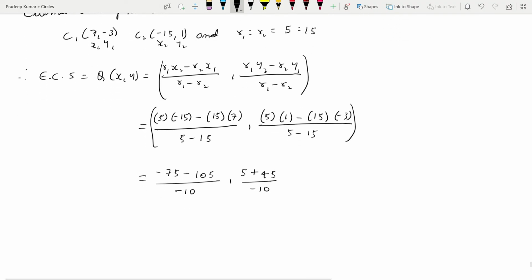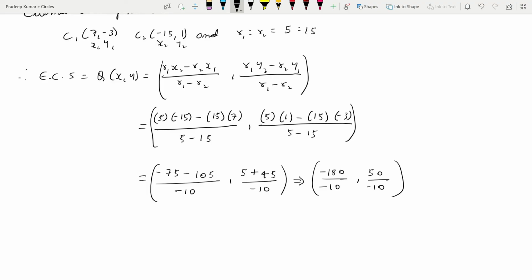So let's write this further. I can write this as minus 75 and minus 105, will be getting that as minus 180 by minus 10, and the other point is 5 plus 45, which is 50 by 10. So the 0s can be cancelled, and we'll be getting the values minus 18 and minus 5. So this is the external center of similitude which we got.